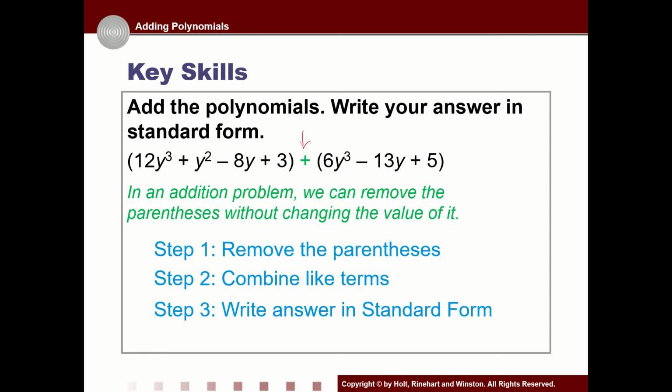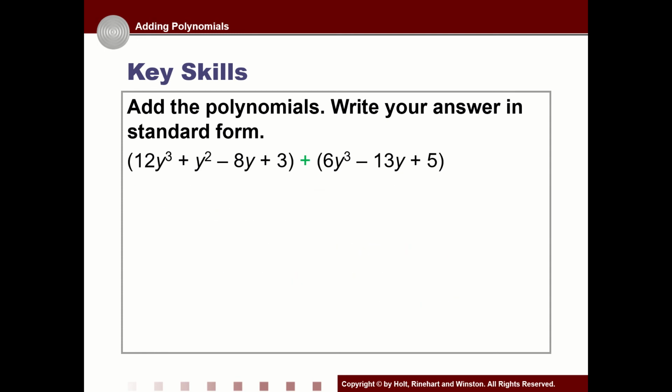So let's go ahead and do this problem. Our step 1 was to remove the parentheses. So I need to rewrite this without the parentheses. Our next step is to look for any like terms that we can combine.